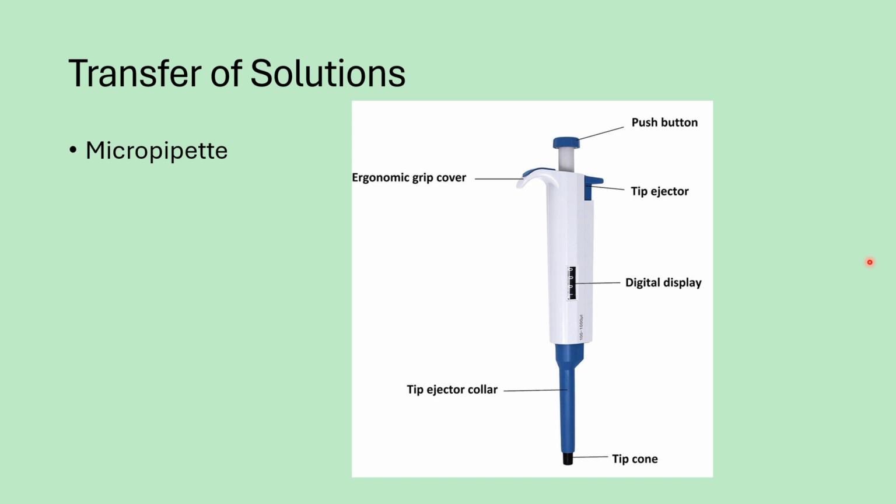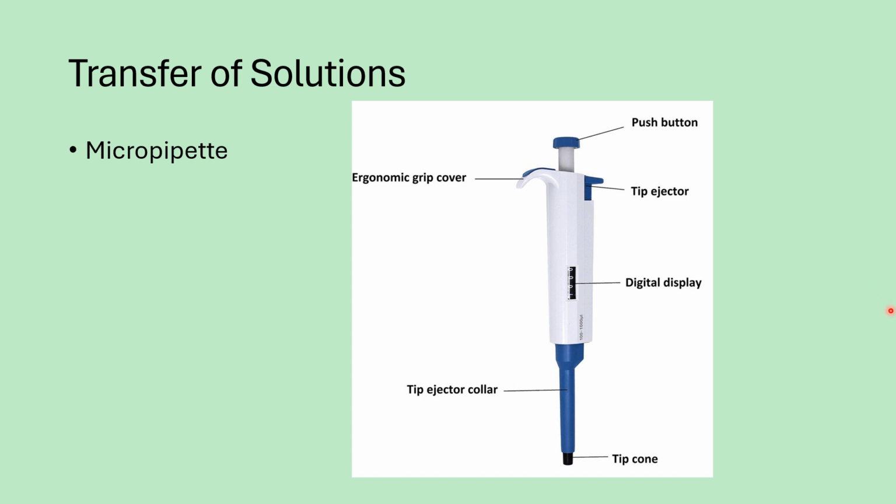When you're working in a lab, oftentimes you're working with bacterial cultures. You don't want to touch the tip. You need to be working in sterile environments. So you put the sterile tip on without ever touching it. Then once you've collected your specimen and transferred it to the appropriate place, you have a waste container where you just push that tip ejector down, and it's just going to pop the tip right off.